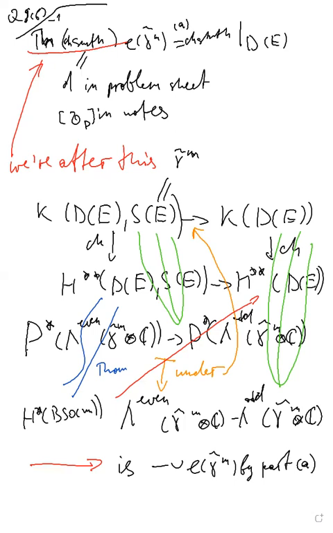Now what happens when we multiply by the total class? We know this from question 7. Ch of lambda even minus ch of lambda odd times the total class, by question 7, is the Euler class.